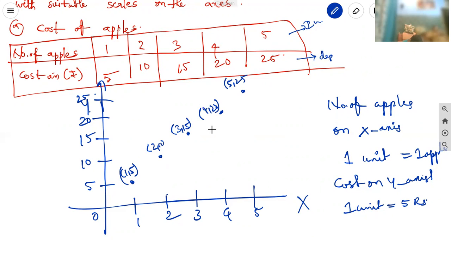It is a straight line, joining the points. From this, we can calculate the 6 apples, 10 apples, like that.